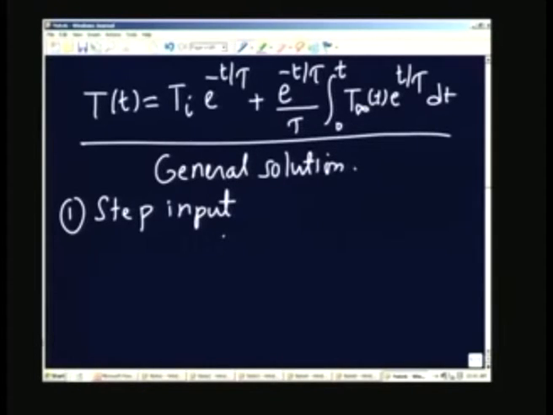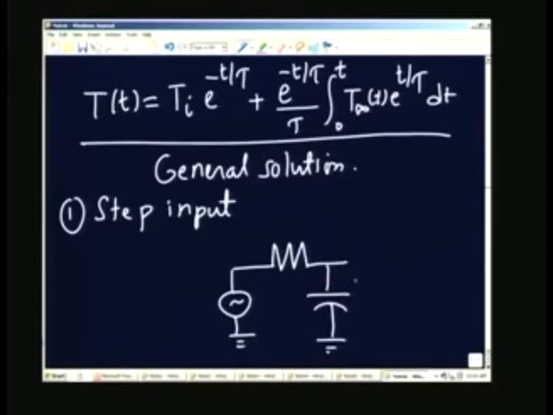I will explain this using the electrical analogy. You have resistance and then you have the capacitance, and you are going to connect it with a source, and you are going to measure the output here. So, in this case initially I do not have any input, I just give a voltage at the input by turning on a switch, and let us say you have a battery and then you connect it.